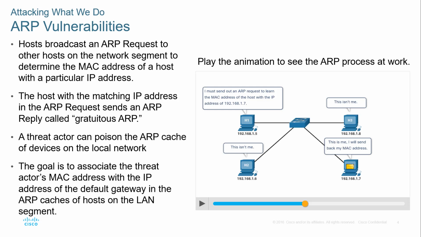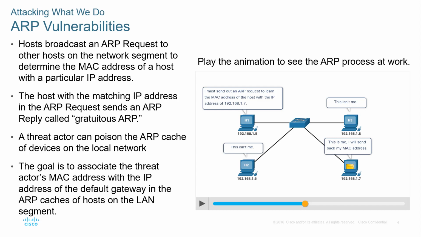So it really is about taking services that are already there and that are legitimate and using them for more nefarious purposes. Again, the goal is to associate the threat actor's MAC address with the IP address of the default gateway in the ARP cache.